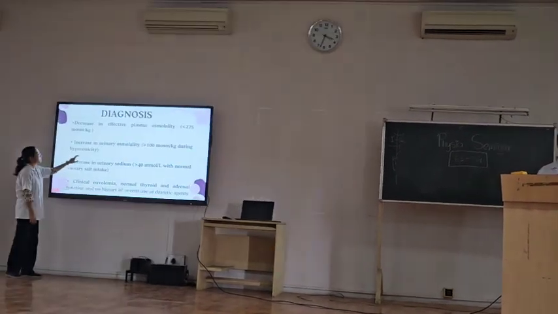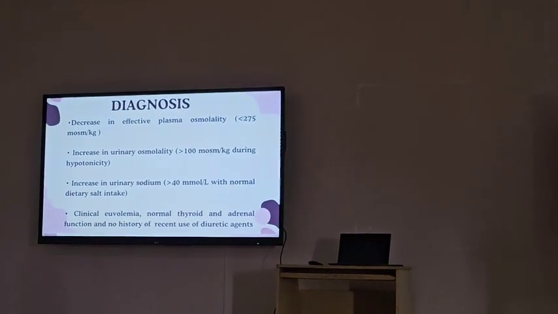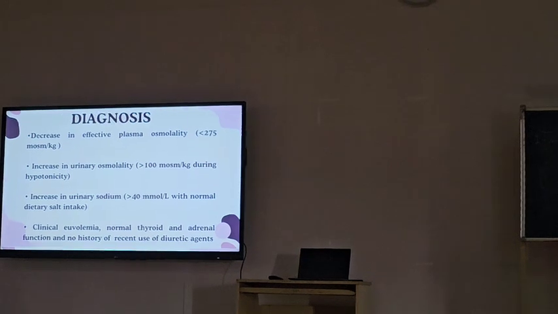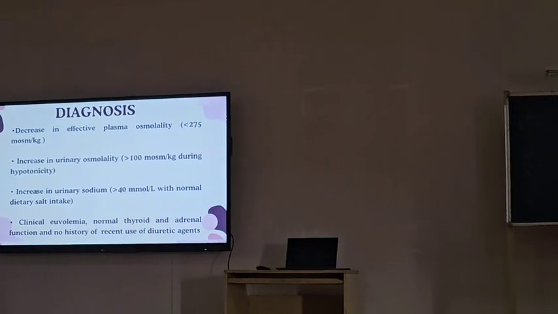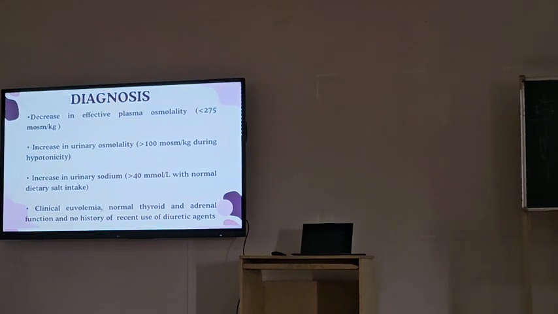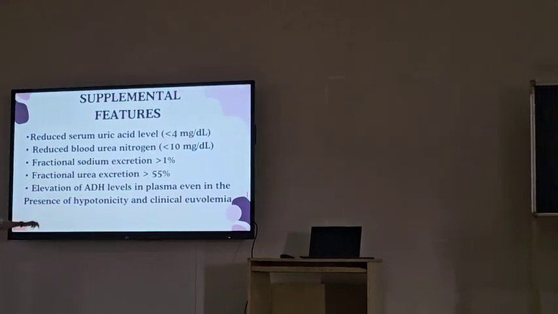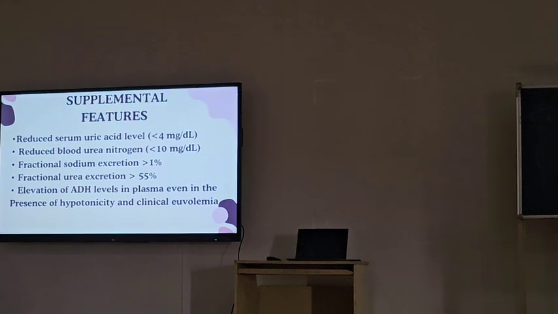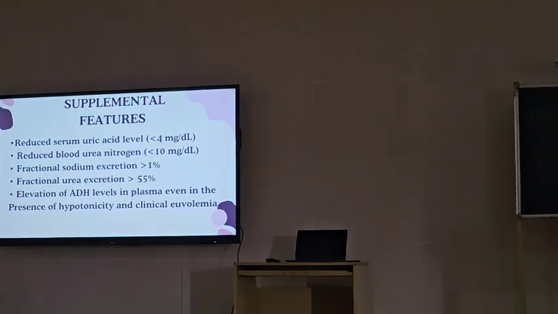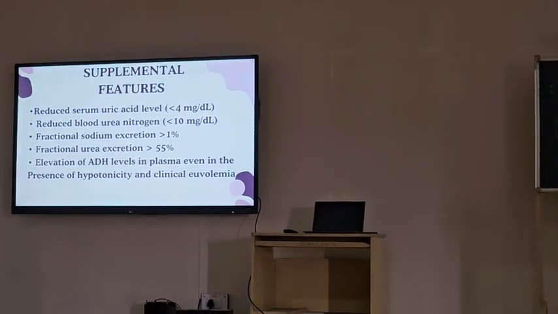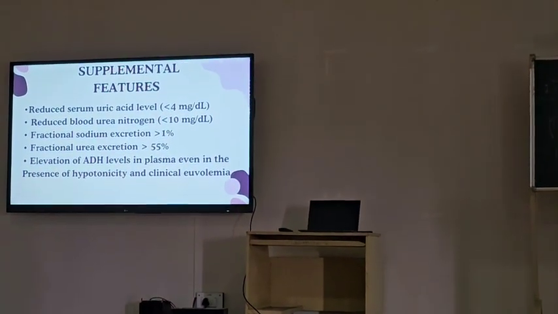Diagnosis: decrease in effective plasma osmolarity, increase in urinary osmolarity, increase in urinary sodium, clinical euvolemia, normal thyroid and adrenal functions, and no history of recent use of diuretic agents. Supplemental features of SIAD: reduced serum uric acid levels, reduced blood urea nitrogen, fractional sodium excretion, fractional urea excretion, and elevation of ADH levels in plasma even in the presence of hypotonicity.